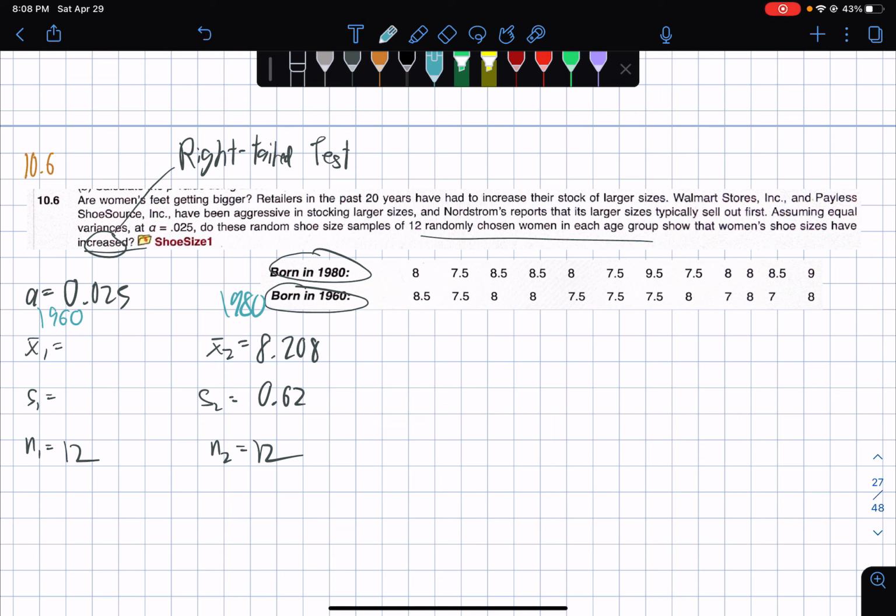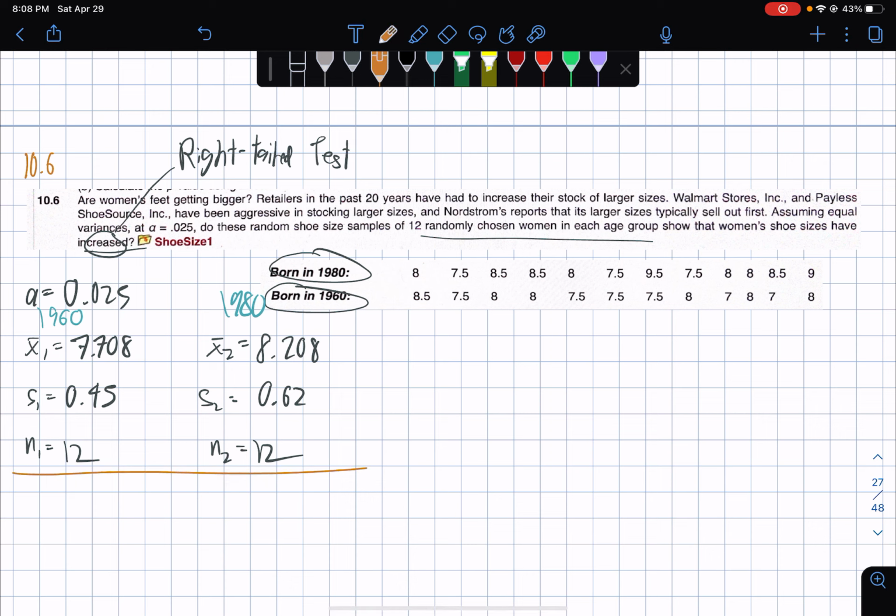We have 8.5, 7.5, 8, 8, 7.5 again, 7.5, 7.5, 8, 7, 8, 7, and another 8. We have 7.708 for the average. For the standard deviation, we have 0.450, or just 0.45.